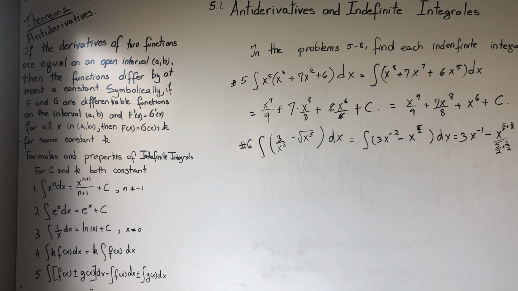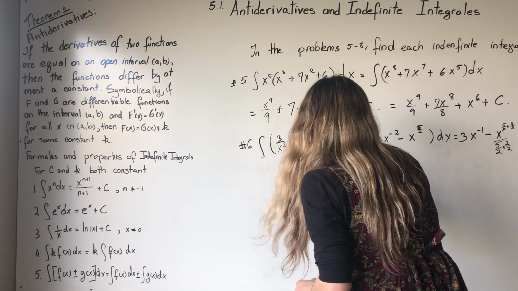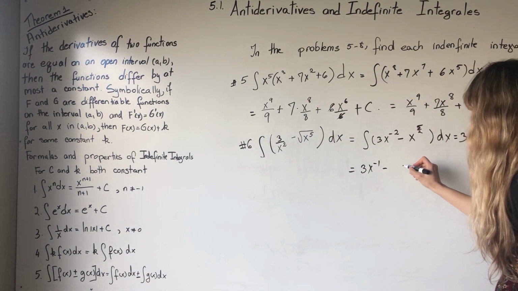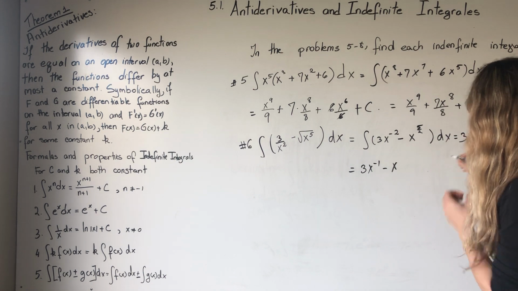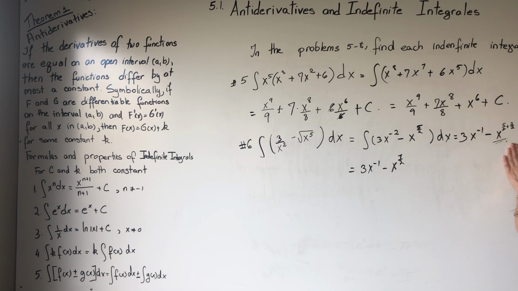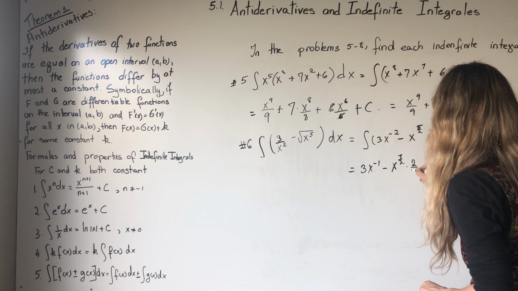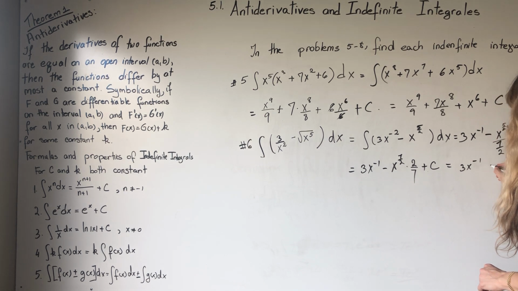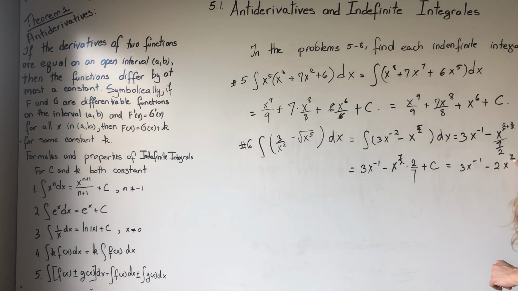So now this will be equal to 3x to the negative 1 minus x to the power of 7 over 2 divided by also 7 over 2, but I can flip it, right? I can multiply it by 2 over 7 plus the constant c, therefore it's 3x to the negative 1 minus 2 times x to the power of 7 over 2 over 7 plus the constant c. Okay?